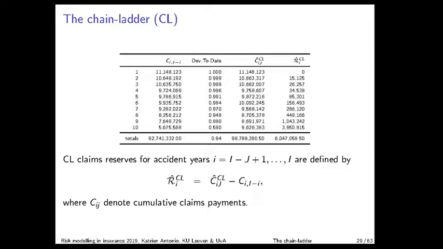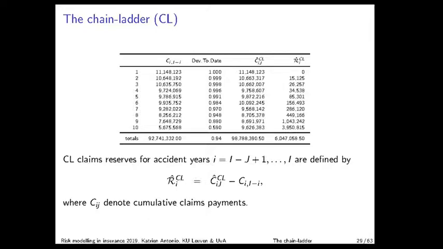Then you have the development to date, which is the ratio of the cumulative amount observed so far and the estimate of the ultimate cumulative claim amount. So it expresses how much of this estimate of the ultimate claim amount has been paid so far, up until the moment of evaluation.